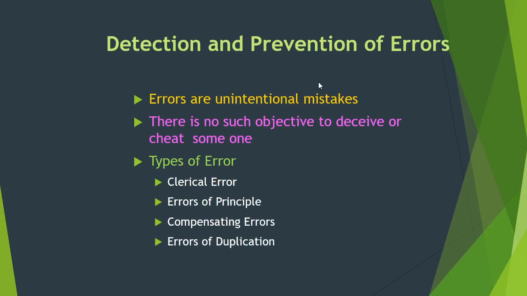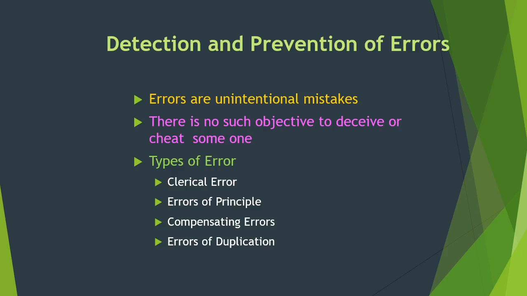Here we should know the meaning of the term errors. Errors are unintentional mistakes. Unintentional means there should not be any objective to deceive or cheat someone else.